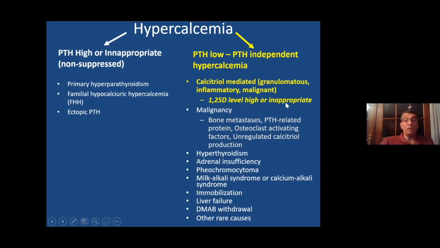I want to make one point because I've seen even endocrinologists not recognize that a 125D does not have to be frankly elevated. It just has to be inappropriate. So if you have somebody with no PTH or no PTHrP and a normal phosphorus, and the calcium's high, and the 125D is 50, that's inappropriate, and that's compatible with calcitriol induced hypercalcemia.